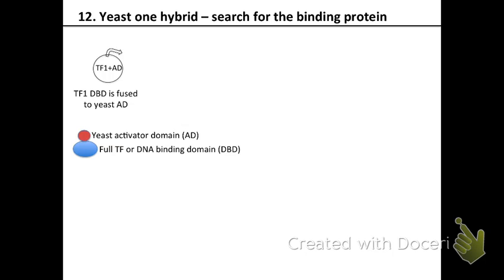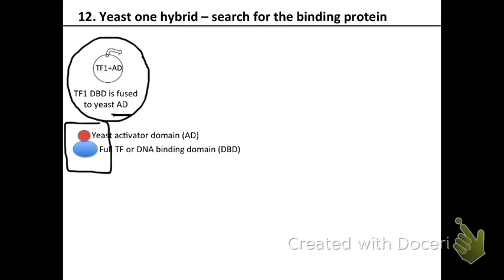And the way that you can trick this is, in the yeast, instead of just expressing your transcription factor, you can fuse your transcription factor of interest to a yeast activation domain. Okay? So then your construct is going to express your transcription factor, and it's also going to have the fused activation domain.